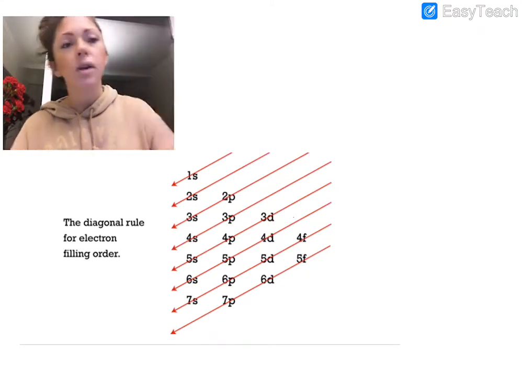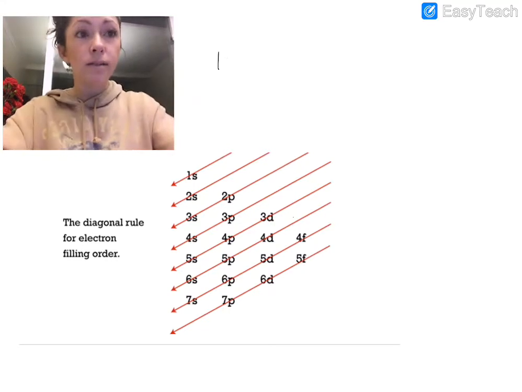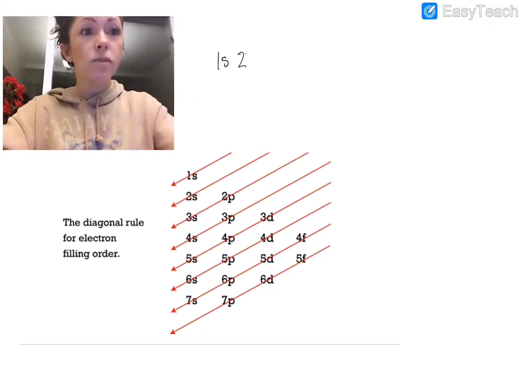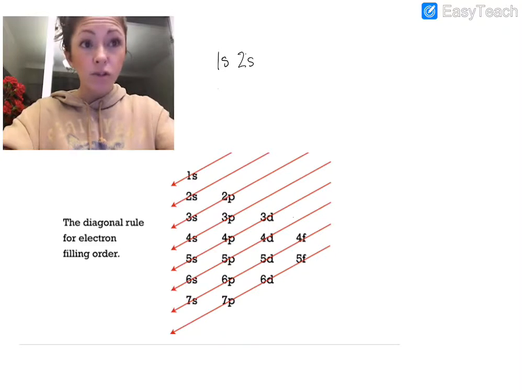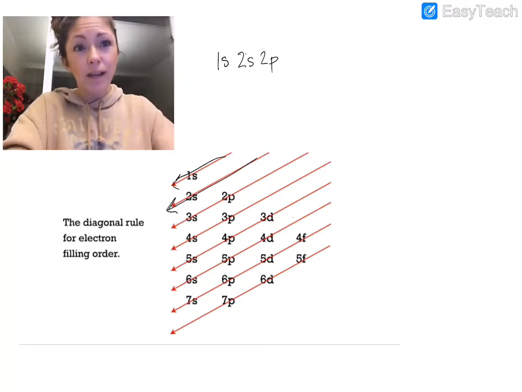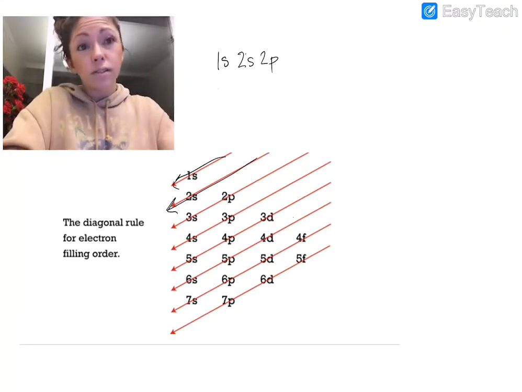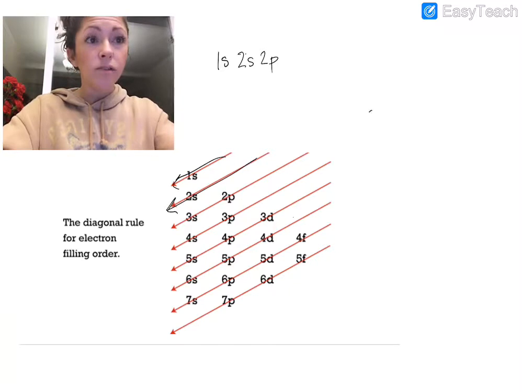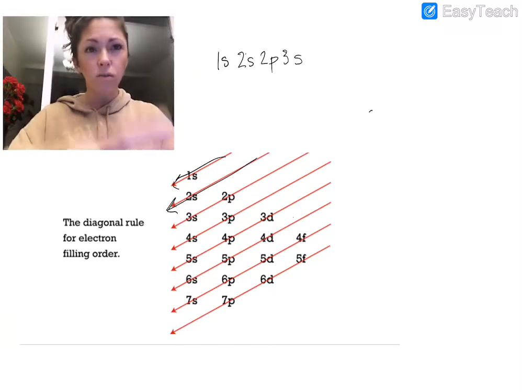So you've got 1s, and then you've got 2s. And after 2s, we fill up 2p. Again, I'm just following these arrows. You may or may not like this diagram. You don't have to use it. Actually, you can ignore it if you want to. After 2p, we go to 3s. This is the order we've been doing things.